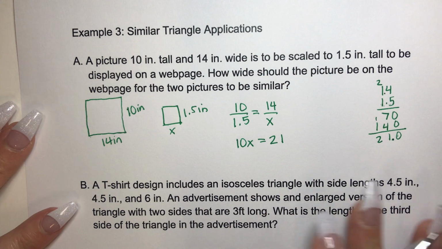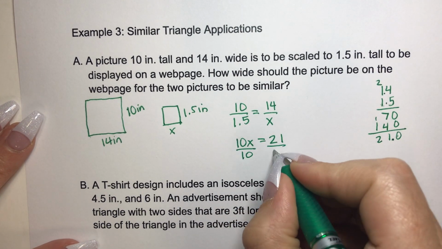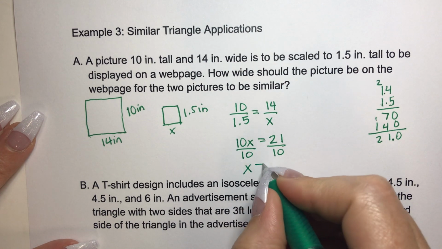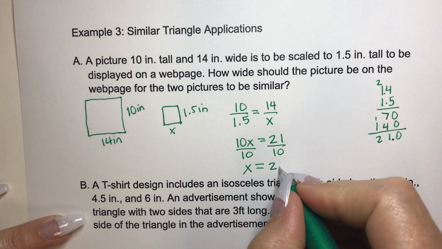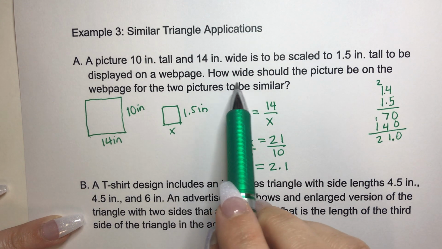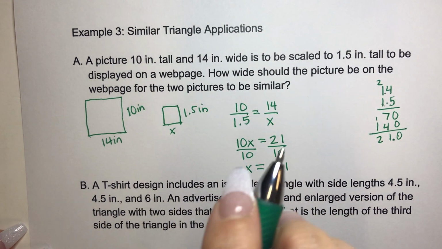And then we're trying to determine what x is, right? So this is multiplication. I'm going to do the inverse operation, divide both sides by 10. And we're left with x equals, when we divide by 10, it moves over 1 decimal place, so we get 2.1. So how wide should the picture be on the web page for the two pictures to be similar?